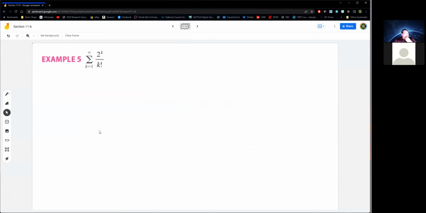All right, let's look at this one. What do you think we're going to do with this one? This one's got a factorial in it. So what rule did we say we're going to do with factorials? That was the ratio test.